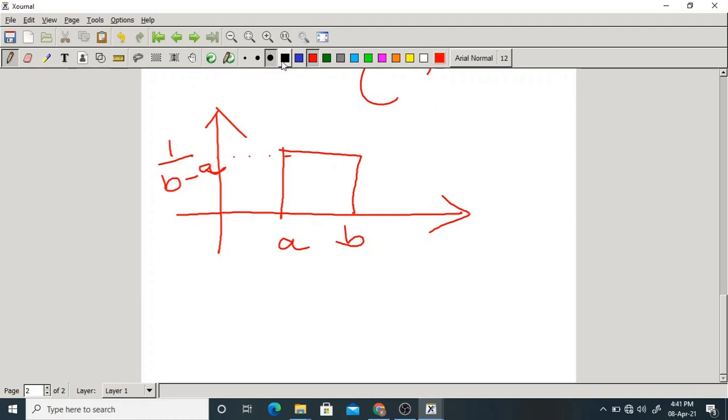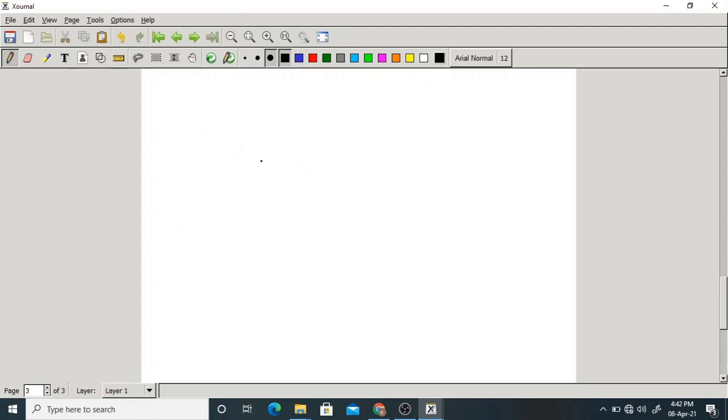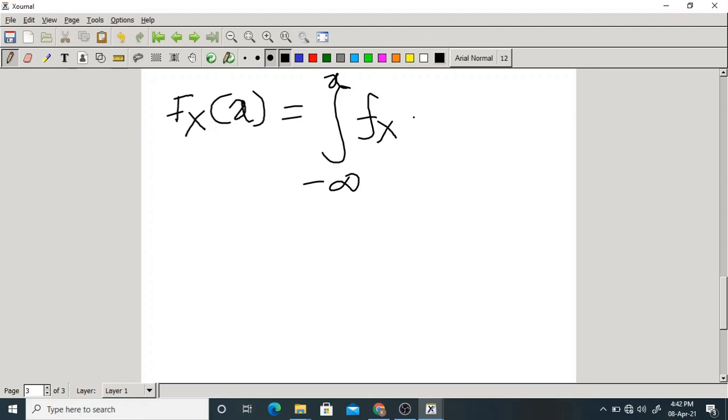Now this is the given thing: this is the PDF. Okay. Now, we know already the relation. What is the relation? F_X of x equals integration from minus infinity to x of f_X of t dt, isn't it? Now this is the CDF, this is the PDF.